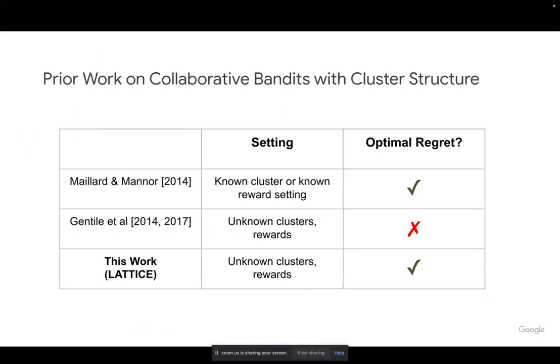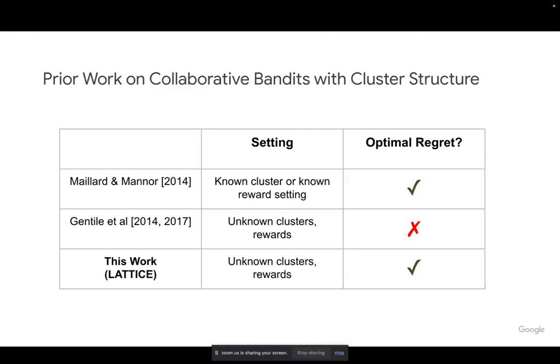Okay, so as I mentioned, the cluster structure assumption is pretty common in the literature, and our work on multi-user, multi-armed bandits with the cluster structure has been studied in the past as well. Our setting was first motivated and studied by Millard and Menon in 2014. But they made one of two assumptions.